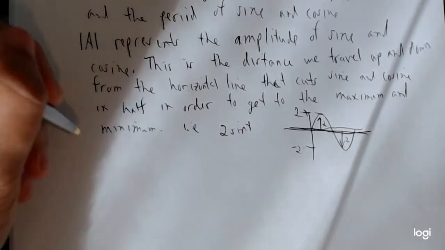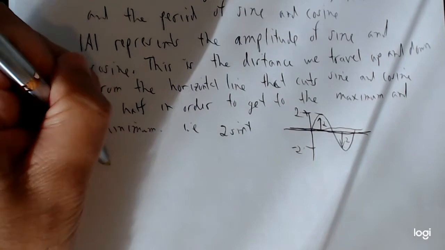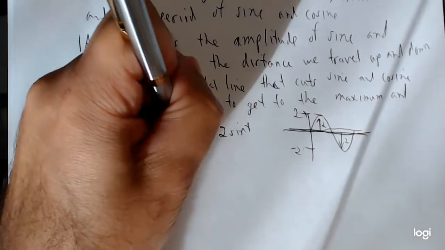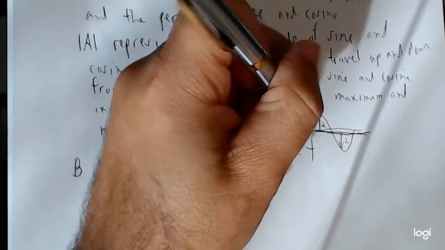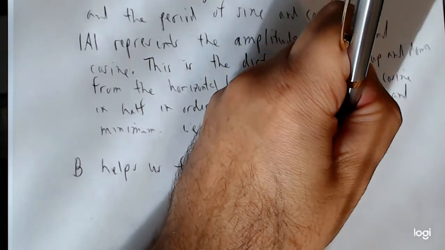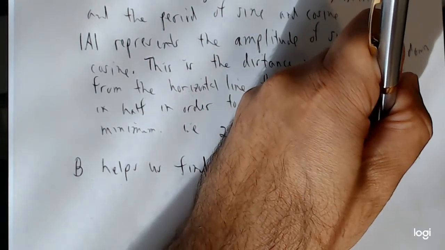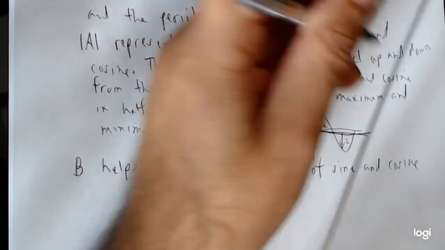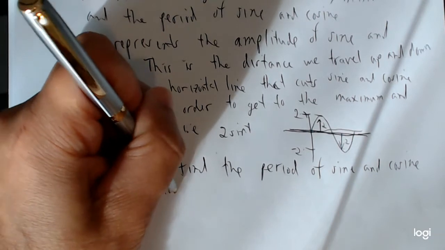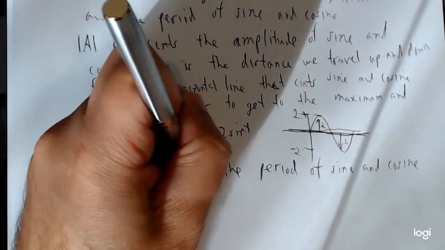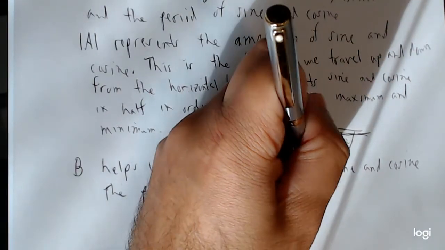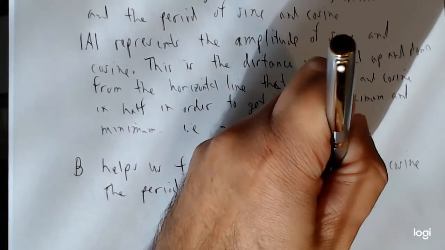Okay, now what does b help us do? So b helps us find the period of sine and cosine. The period is found by P equals 2 pi over b.